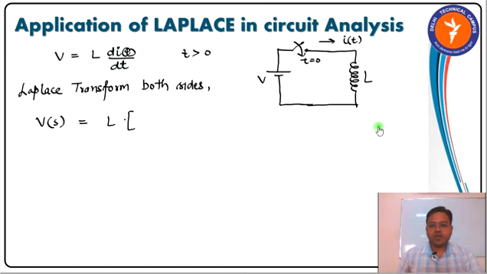If we have i(t) as a function and its Laplace transform is I(s), then the Laplace transform of its derivative will be s times I(s) minus i(0 negative).